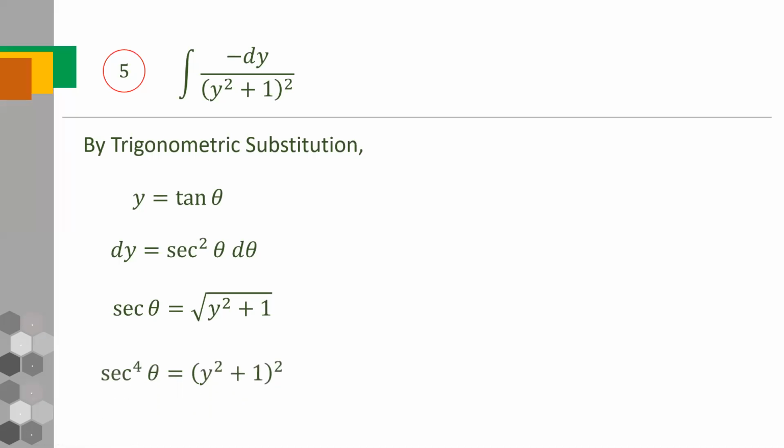So if we raise both sides to a power of 4, we get this equation, that is your secant to the 4 theta is just equal to your (y squared plus 1) quantity squared. So therefore, the denominator here will be replaced with secant to the 4 theta.